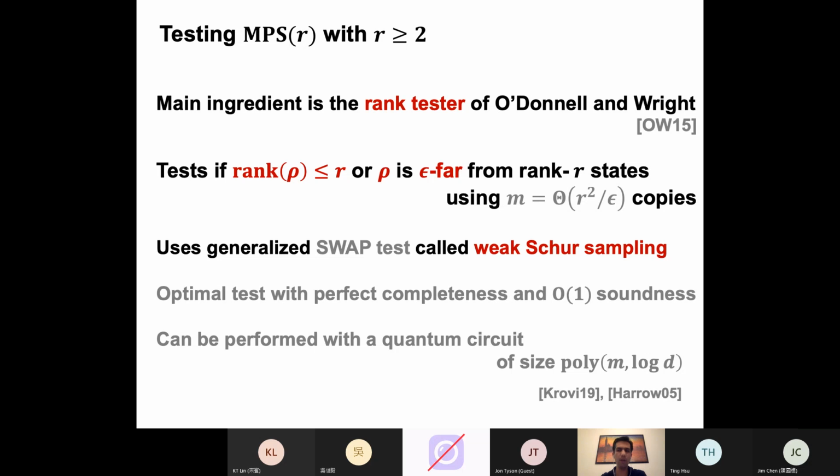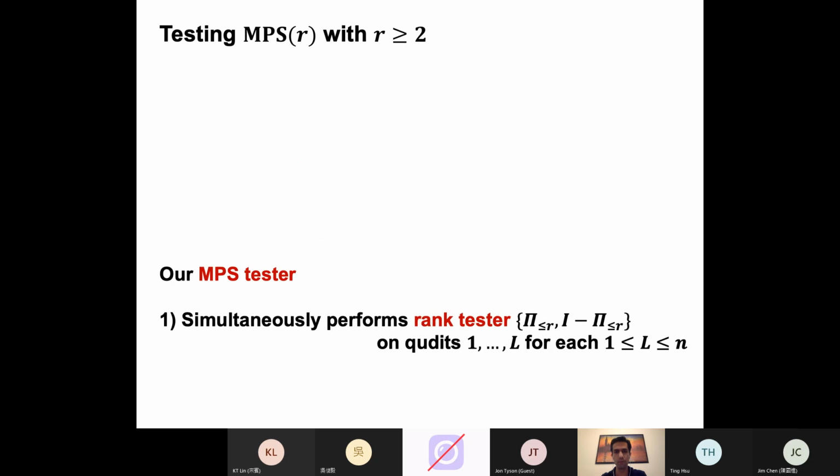So their m-copy test can also be efficiently performed with a quantum circuit, and the size of this quantum circuit would be polynomial in the number of copies m and logarithmic in the dimension of qubits. So this also implies that the MPS tester that I'll describe shortly can also be efficiently implemented. So what is our MPS tester?